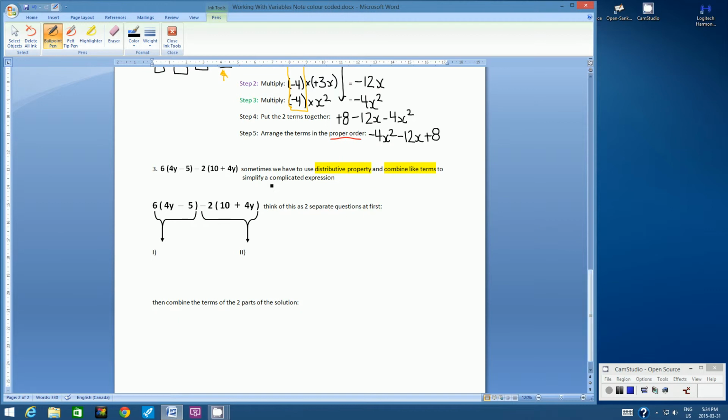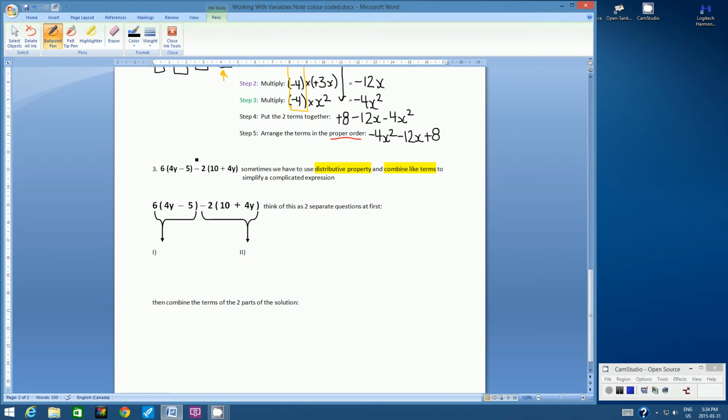Okay, sometimes we have to use distributive property, which is this note, and combine like terms, which was the previous note, to simplify a complicated expression. So let's look at this expression. 6 outside of a bracket 4y minus 5, close bracket, minus 2 bracket 10 plus 4y.